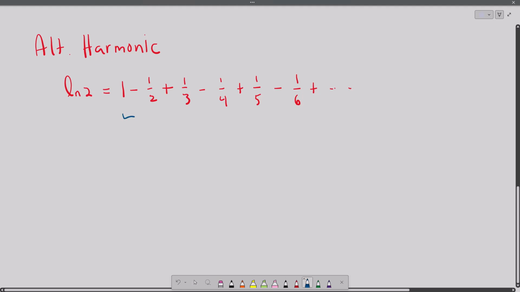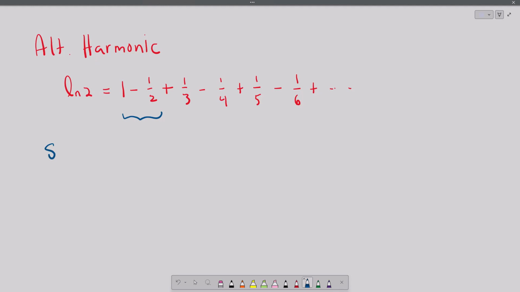If we add these two up, that would be called S sub 2, correct? Sum of the first two terms. What's the value of S sub 2? 1/2. 1/2 is within how much of natural log of 2?